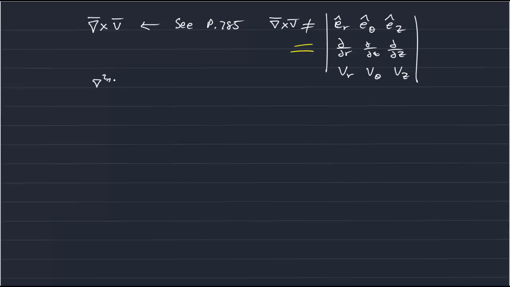The last example is the Laplacian of a scalar, and that turns out to be the second derivative of u with respect to r plus 1 over r partial of u with respect to r plus 1 over r squared times the second derivative of u with respect to theta plus the second derivative of u with respect to z.